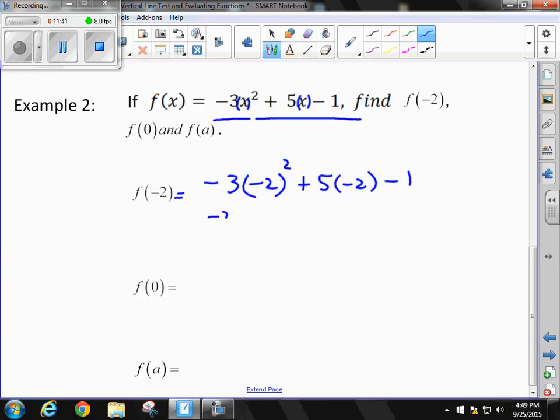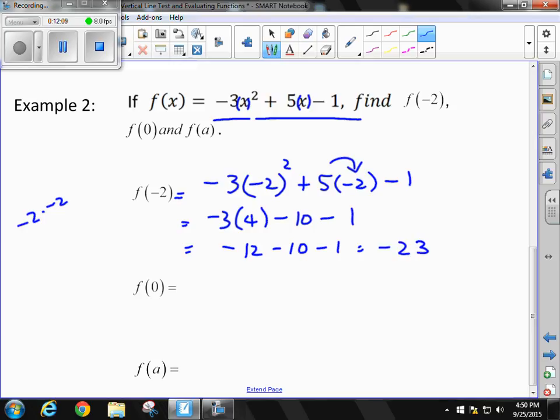So now we have negative 3, and negative 2 squared would be negative 2 times negative 2, which would be positive 4. 5 times negative 2 would be negative 10 minus 1, which gives us negative 3 times 4 would be negative 12 minus 10 minus 1. So we have negative 12 and negative 10 would be negative 22, and one more negative makes negative 23.